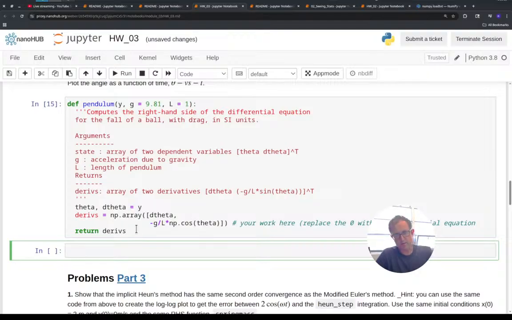So if I make those derivatives, now I need some kind of function to integrate this differential equation. First thing that I always do is just check to see, does it work?